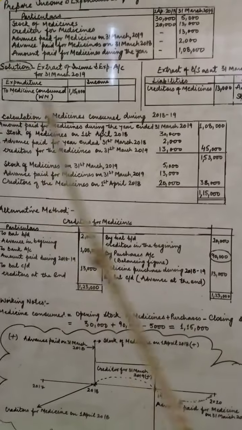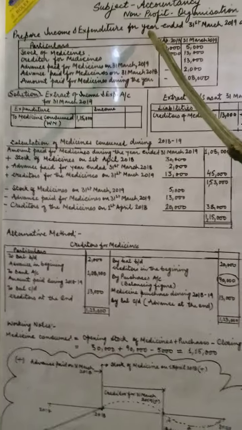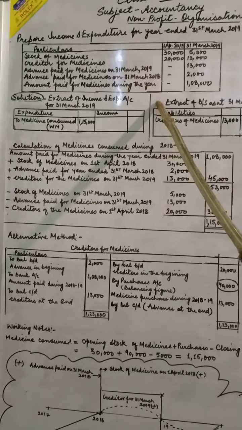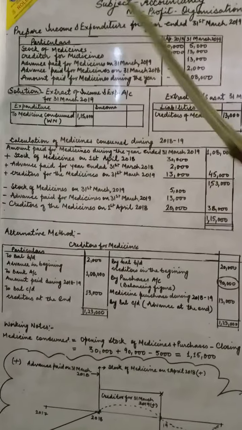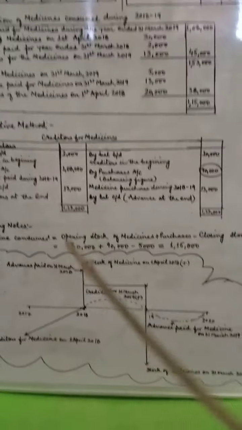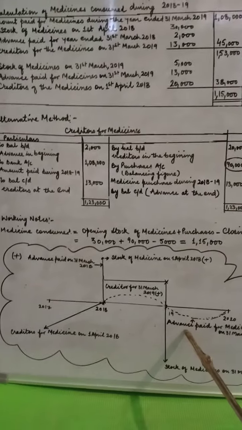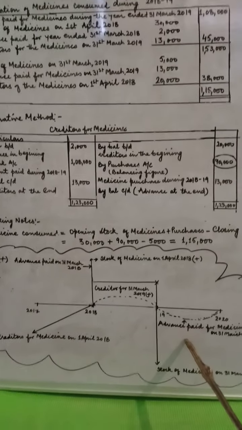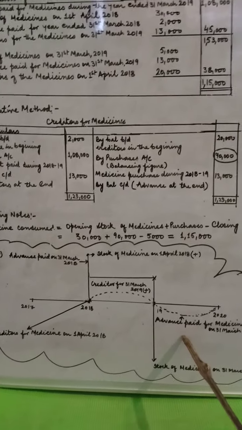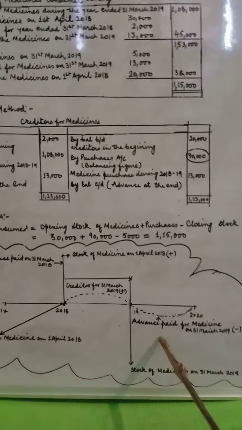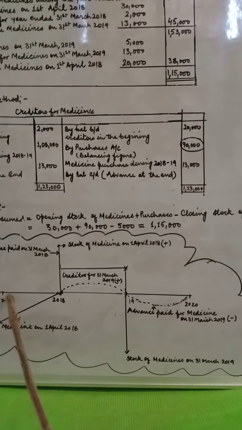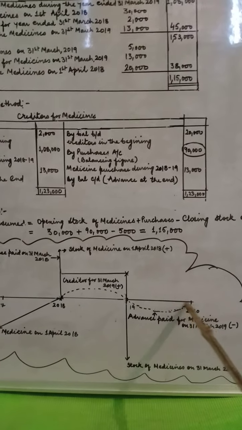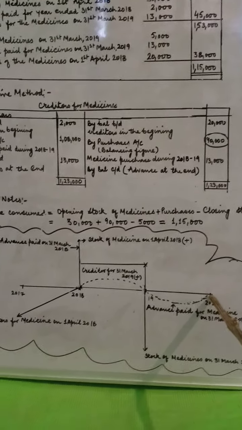Now see, here again you can study all the points, and with these points I want to tell you that with the help of this diagram you can understand what amount is going to be minus and what amount is going to be plus. If you can see this line here, it is actually a timeline.